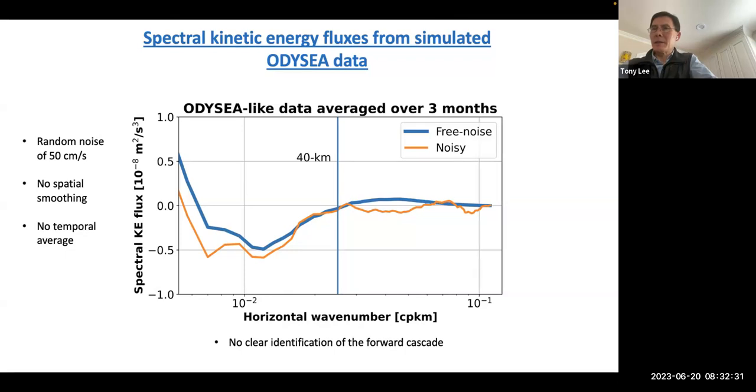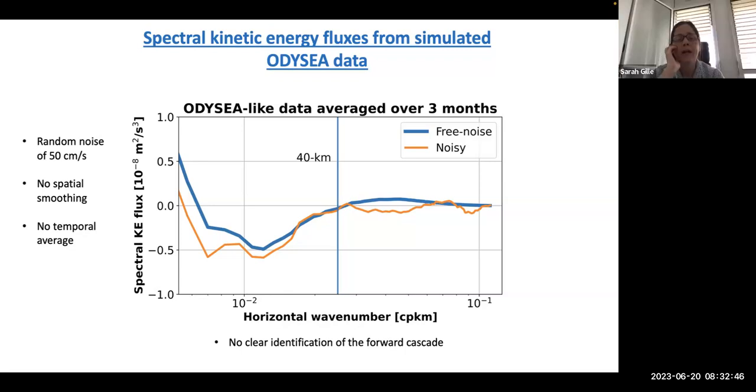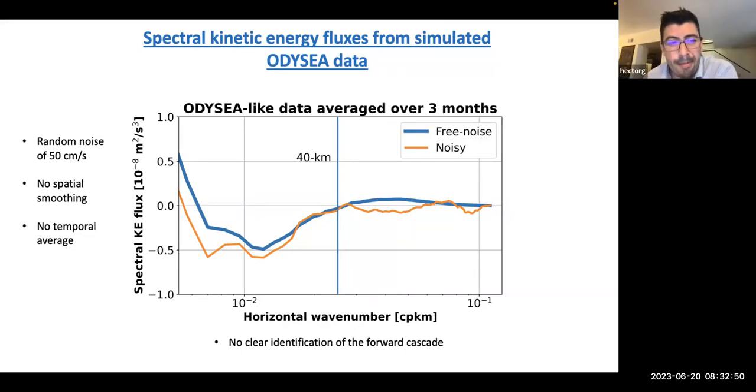Yeah, in that case, it might be good to take a look at the orange curve and the blue curve for the other winter to see whether the orange curve may rise above the blue curve for another season, another year. Yeah, that's a good suggestion, Tony. Yep. Thank you.